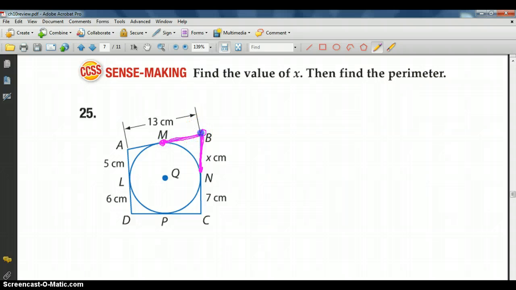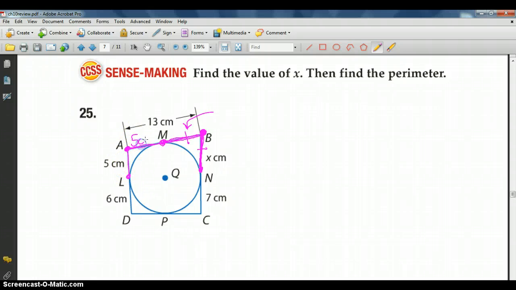Since those two tangents are from the same exterior point B, then they have the same length. So how can I find this right here? Well, I know, same concept, there's a tangent, and there's a tangent from the same exterior point A, so those two will have the same length.